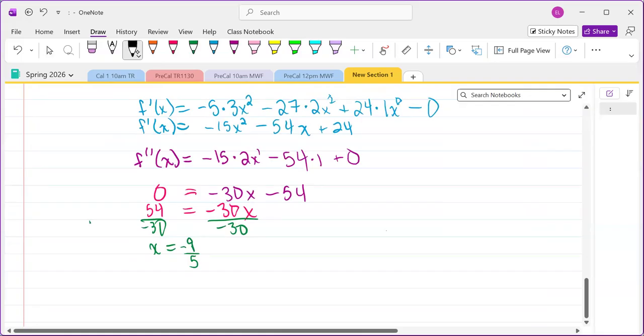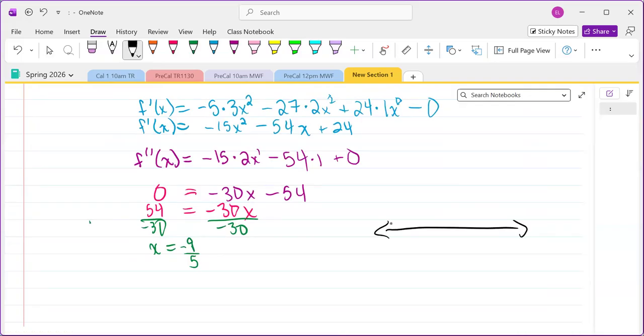Now we want to consider what's happening on either side of -9/5 with our second derivative. -9/5 is -1.8, so I can pick a test value of -2, and then I'll be lazy and pick a test value of 0.